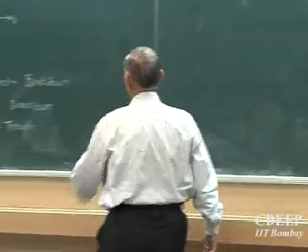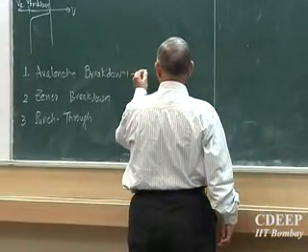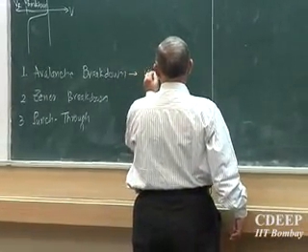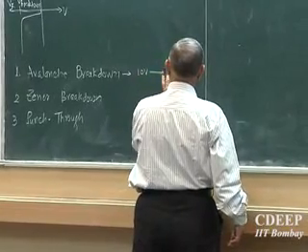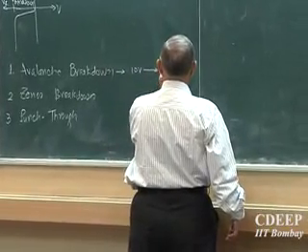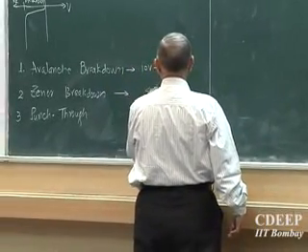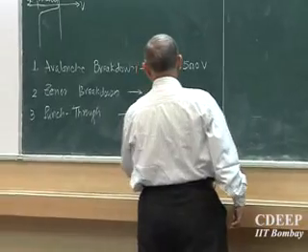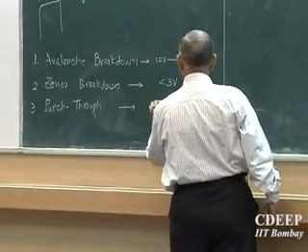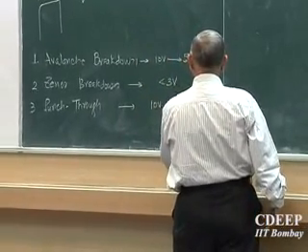Typically avalanche breakdown can be as low as say 10 volts, and as high as maybe 5000 volts. Zener of course is normally less than 3 volts, and punch through can be as low as 10 volts and can even exceed 5000 volts.